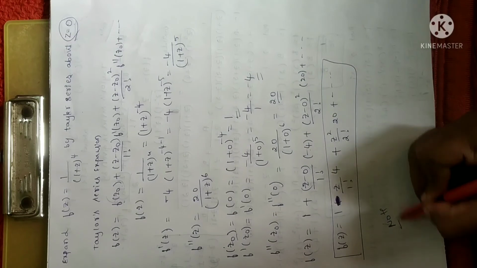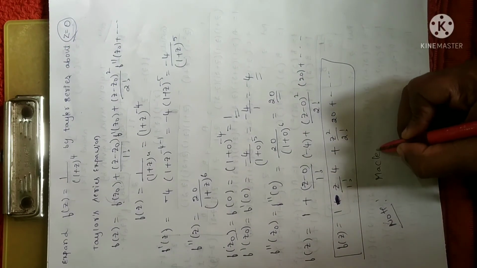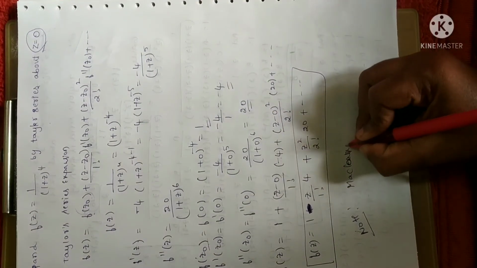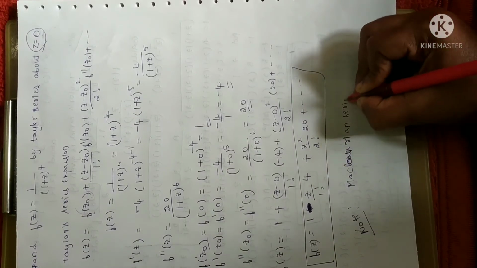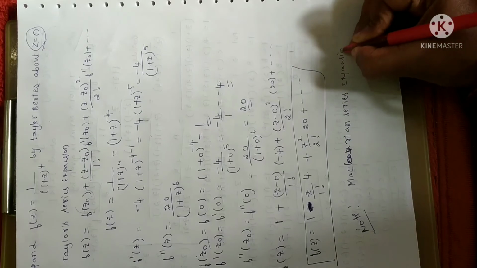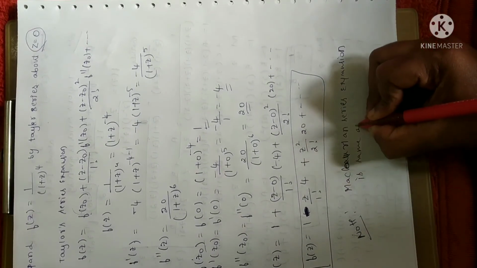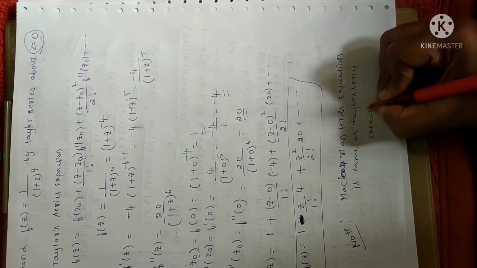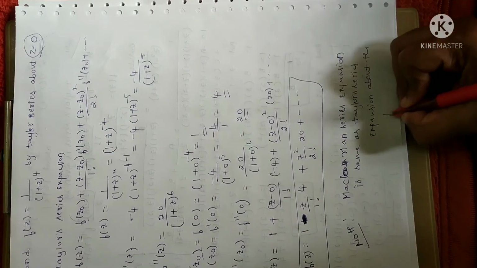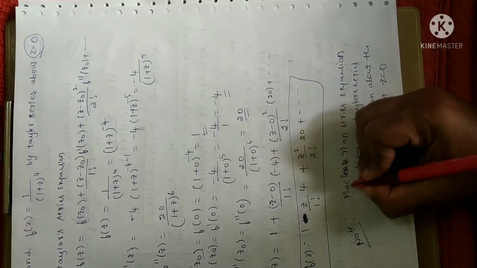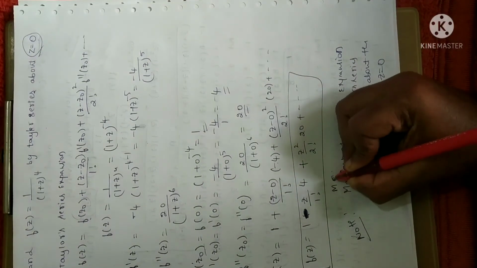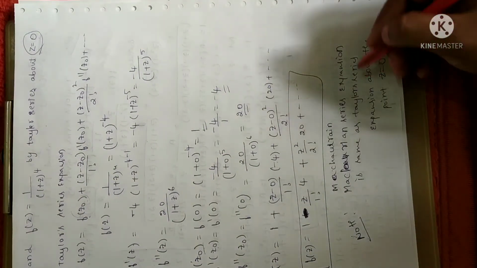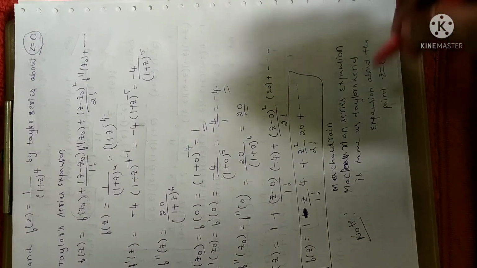I'll just put a note here. Maclaurin series expansion is the same as Taylor series expansion about the point z is equal to 0.